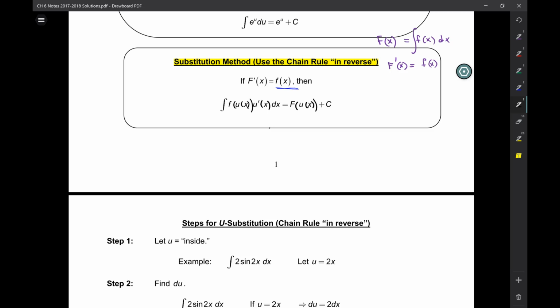Okay? It's just the same thing backwards. So basically, if I take a derivative of this, I get back f of u times u prime, right? So if I have an integral, f of u times u prime, then I get this back.